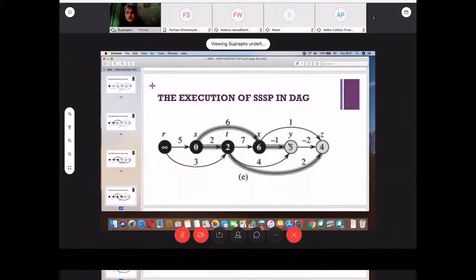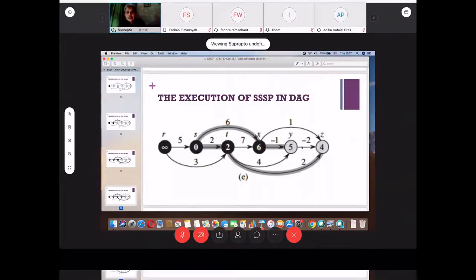the shortest path estimate of Y is 5, right? And when we add 1 edge from Y to Z, we have the new weight, which is 5 plus minus 2, equal to 3. So 3 is smaller than 4.